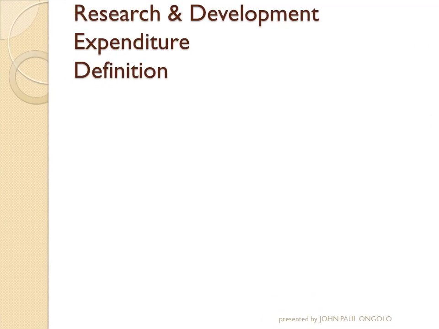The intangible asset we are going to stress on in this video presentation is research and development expenditure. This is an internally generated intangible, because usually intangibles, for them to be recorded, should be externally generated. It means they should be purchased intangibles.